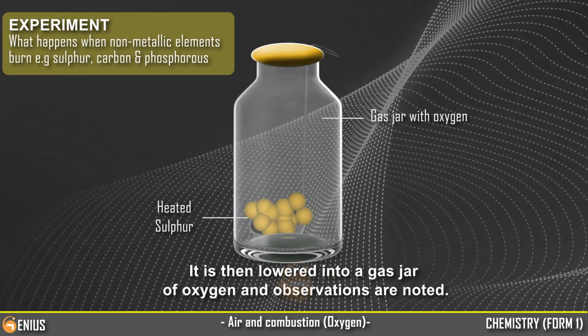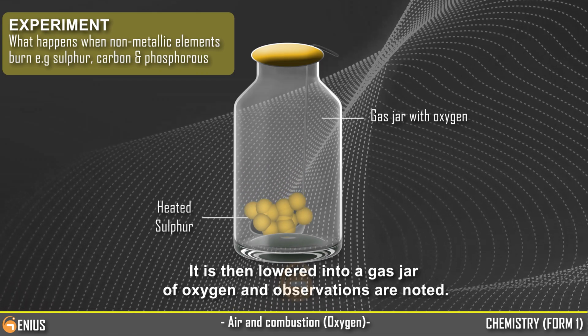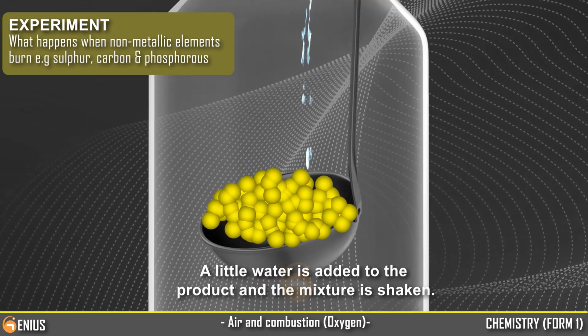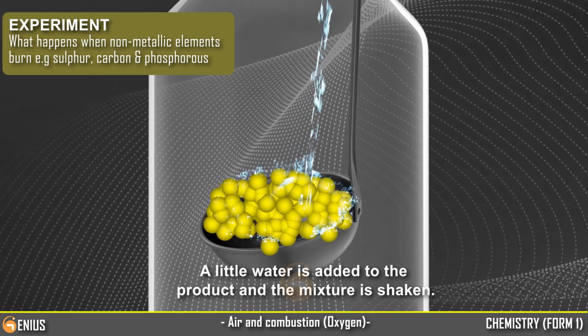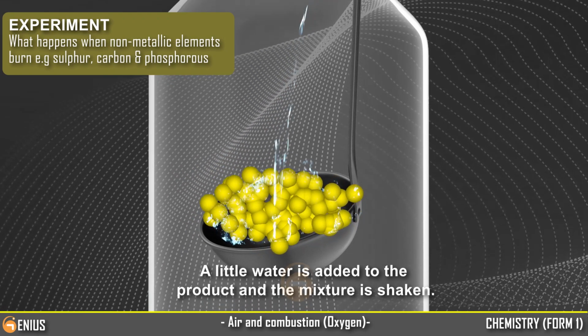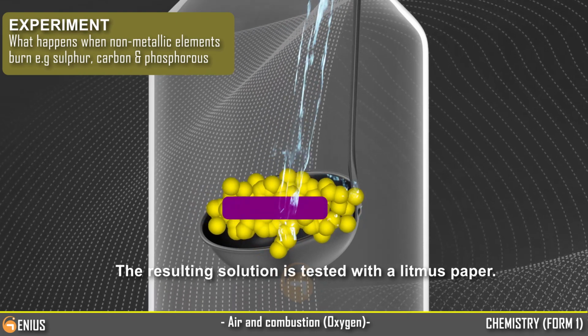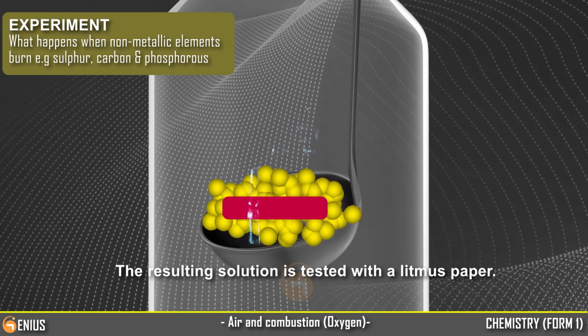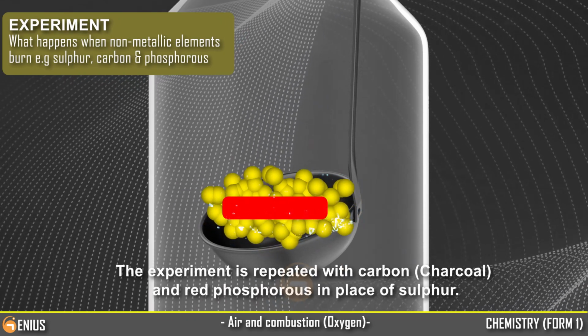It is then lowered into a gas jar of oxygen and observations are noted. A little water is added to the product and the mixture is shaken. The resulting solution is tested with litmus paper. The experiment is repeated with carbon, charcoal, and red phosphorus in place of sulfur.